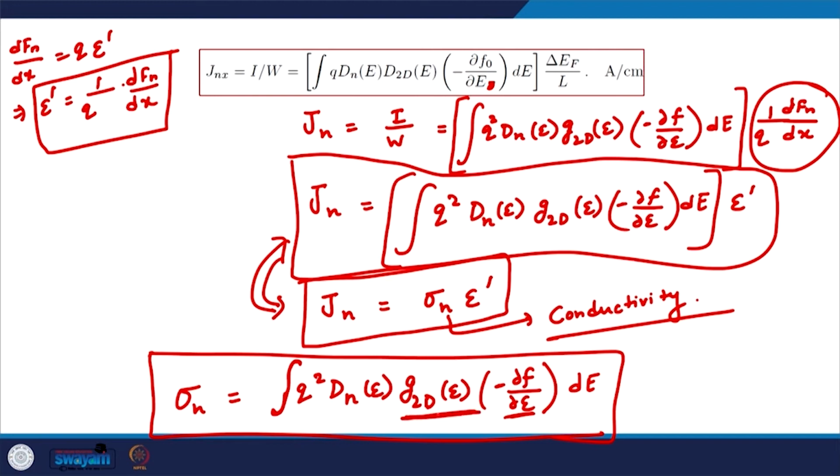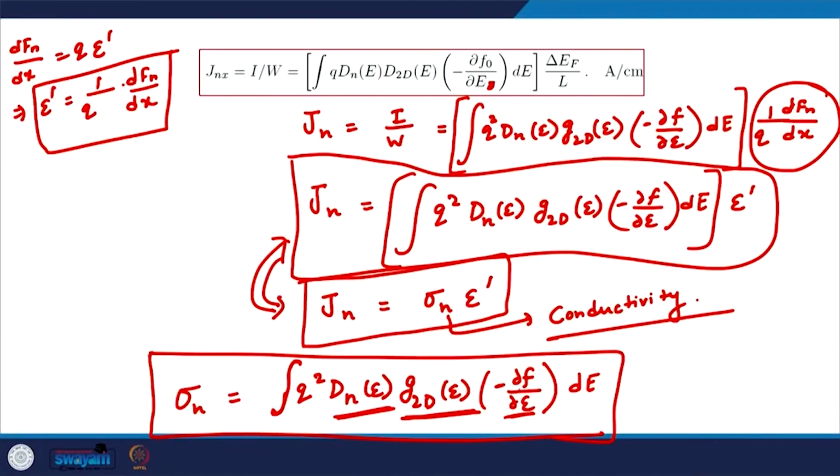One is the density of states in the channel, and second is dn, which accounts for the diffusion, which accounts for the scattering. So it depends on two things. One is how many electronic states are there in the channel. Second is the scattering of electrons in those electronic states, which also makes sense.